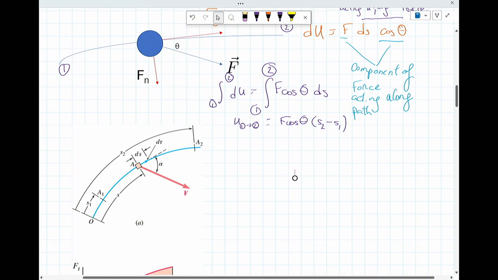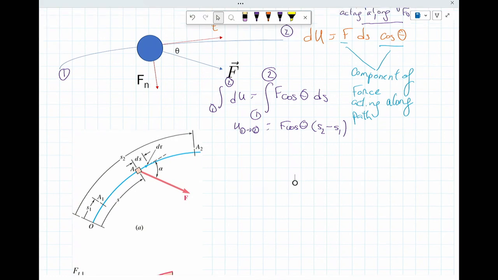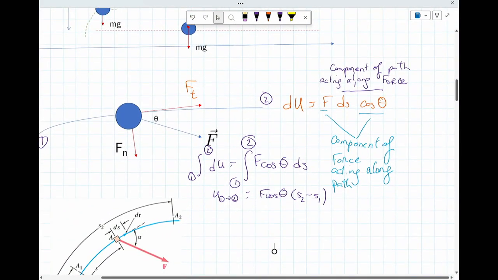Is there a question? Go ahead. Yeah, what exactly are U and T? Okay, so force tangential. You're used to n-t coordinates at this point.